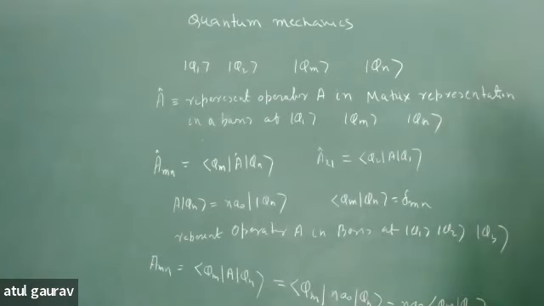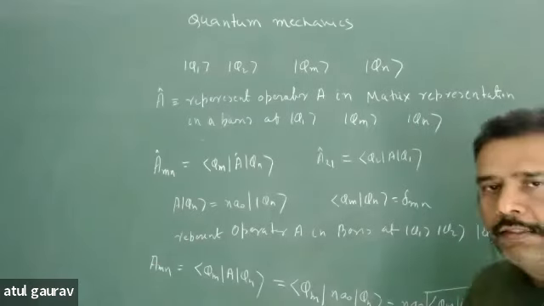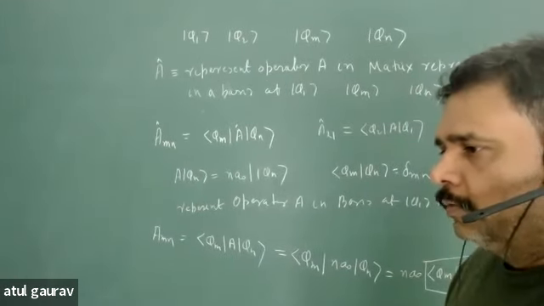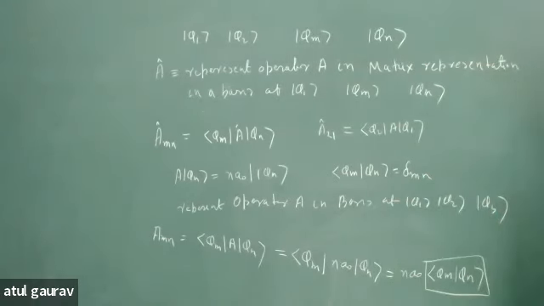ऐसे लिख सकते हैं ना? Yes or no? And what will be this value? Okay. Now I think your board is visible. ठीक है. बताओ ये क्या है? What is this particular thing?